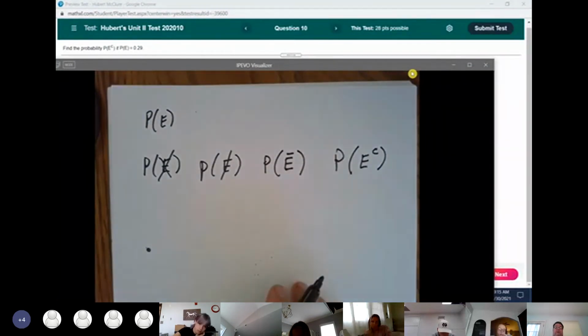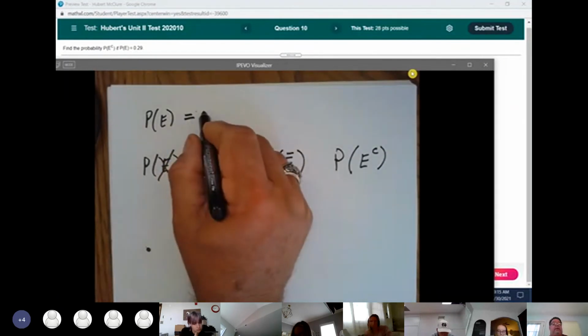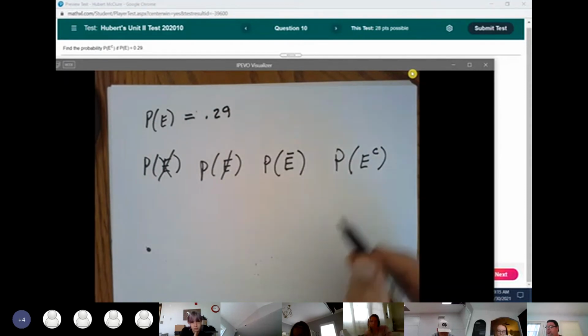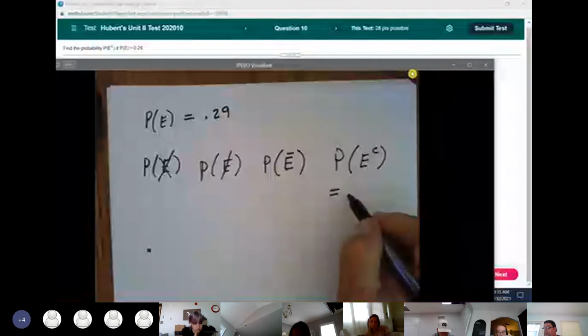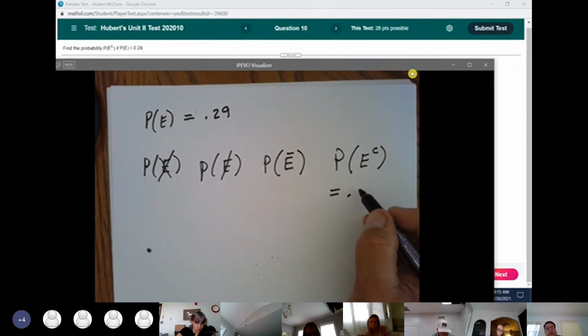So if the probability of an event is 0.29, what is the probability of the event not happening? What's the complement of 0.29? Take it away from 1.